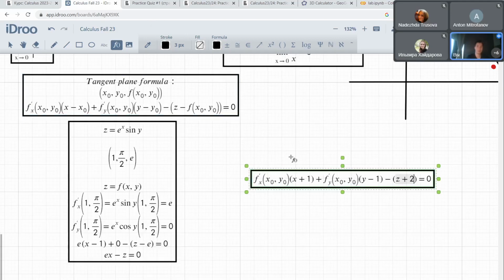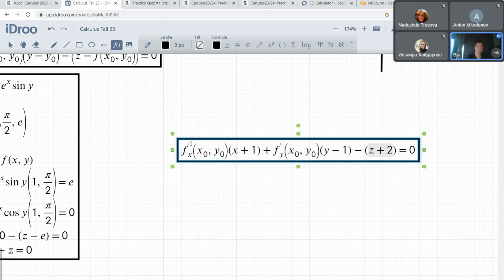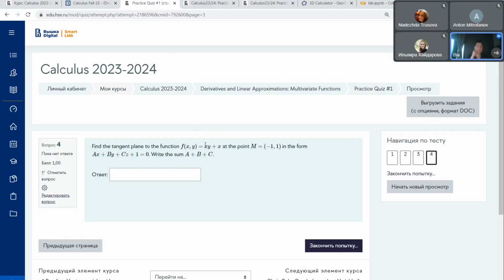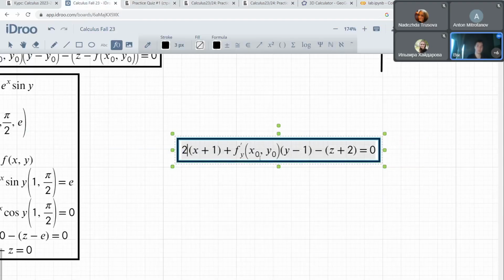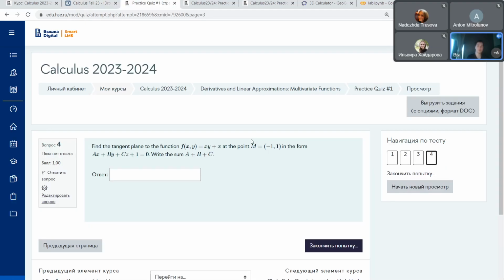And what do we know about the partial derivatives? It's easy to see that the partial derivative over x is y plus 1, so it equals 2 because y is 1. And the partial derivative over y is x, so x is -1, so -1.